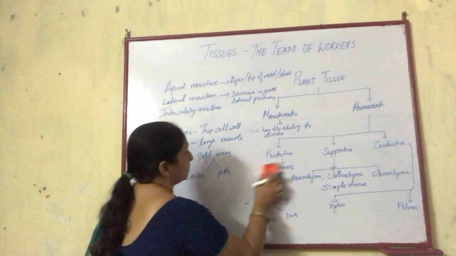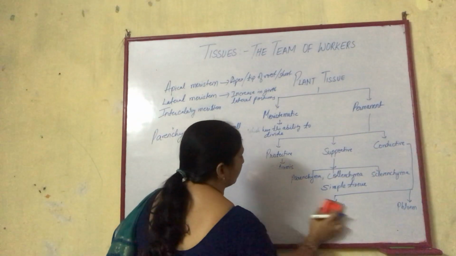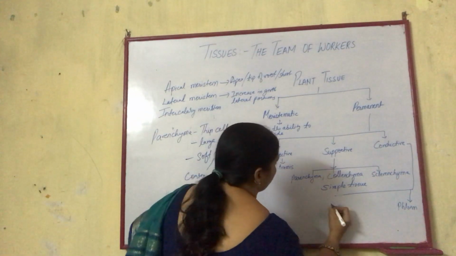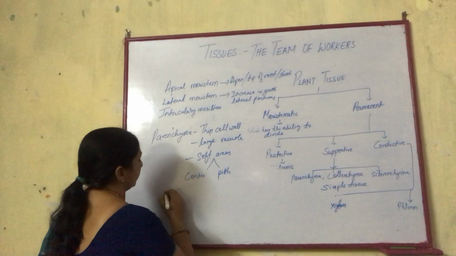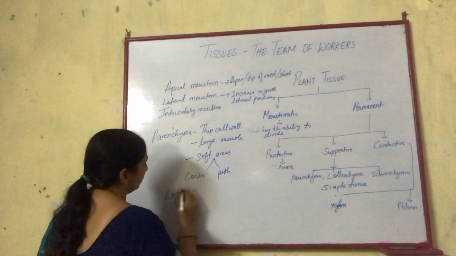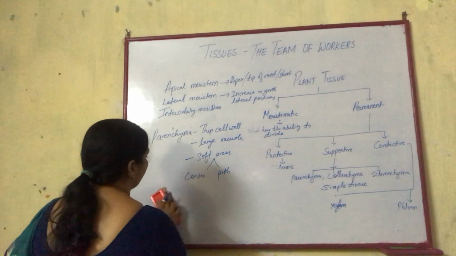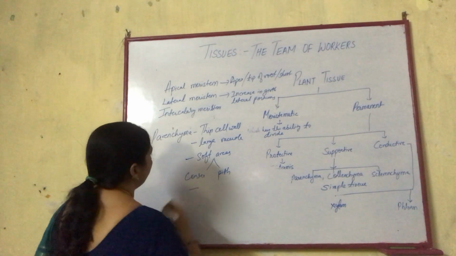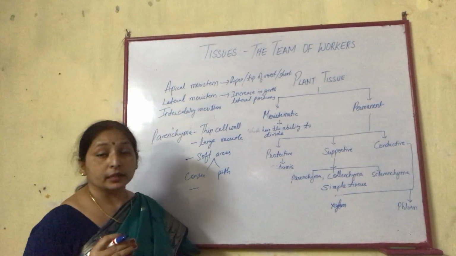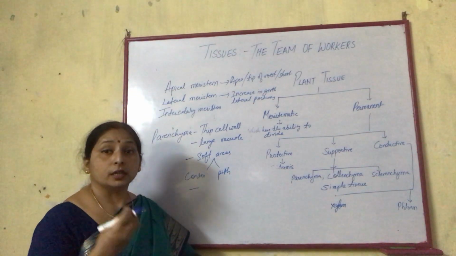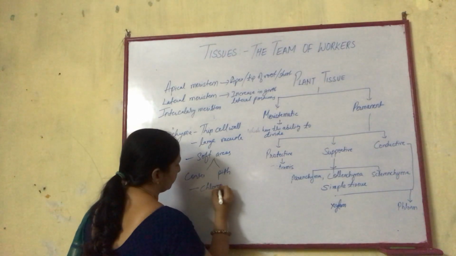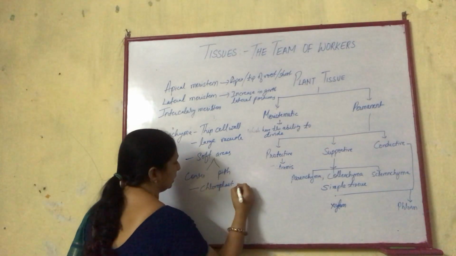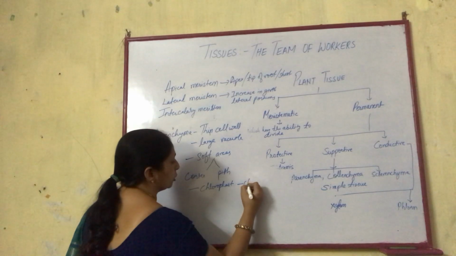Next to this is collenchyma. Before this, one more term I have to explain: in parenchymatous cells, if chloroplast is present, then the term used is chlorenchyma.